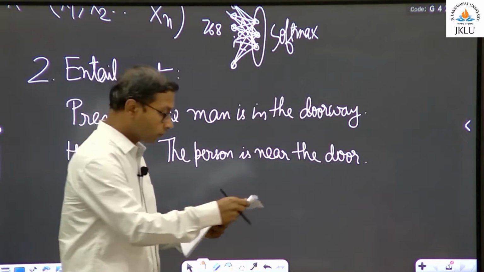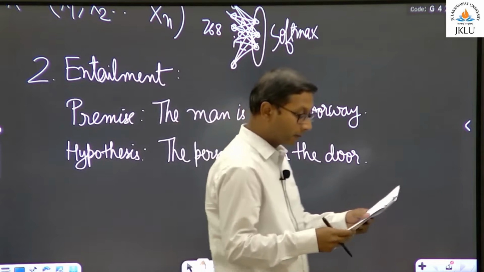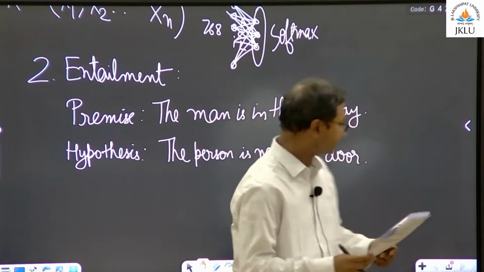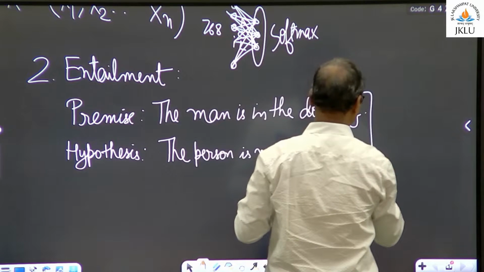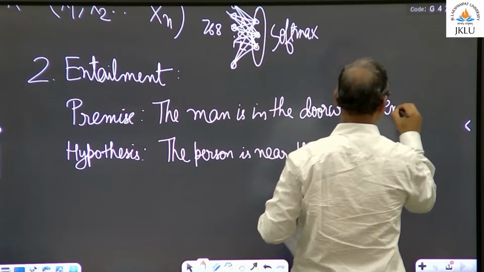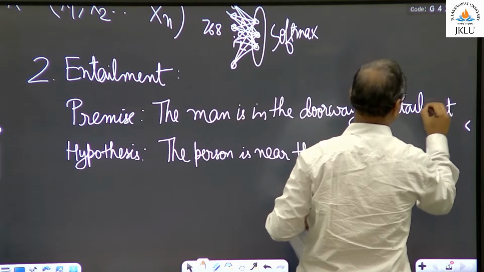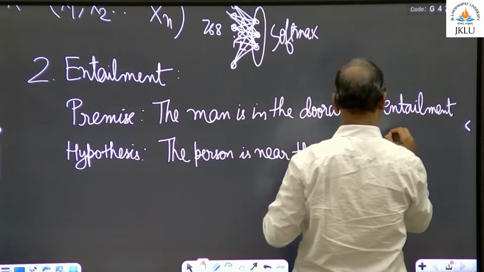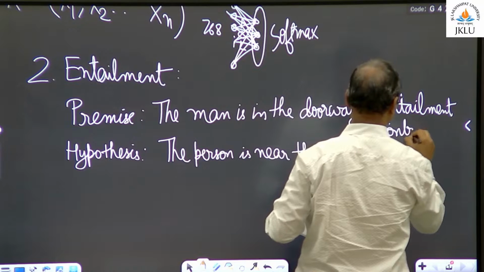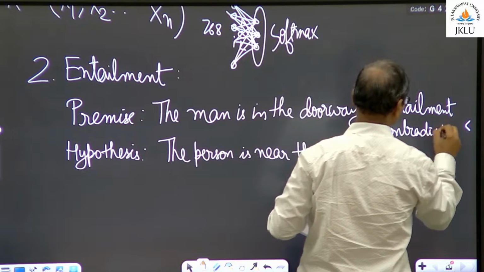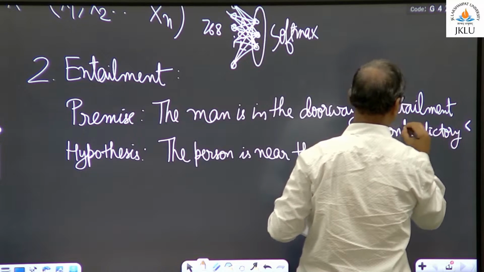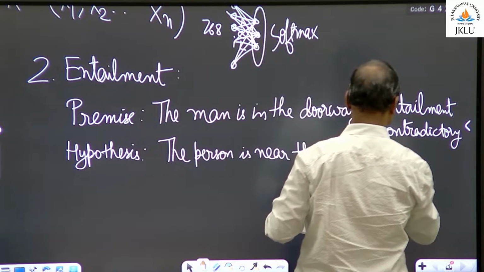You have 3 classes. Label the pair of sentences as whether it is an entailment, whether it is contradictory, or whether it is neutral.